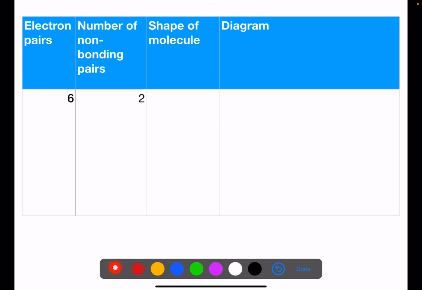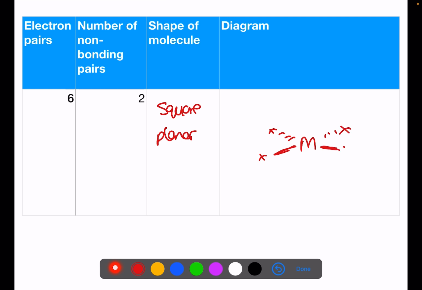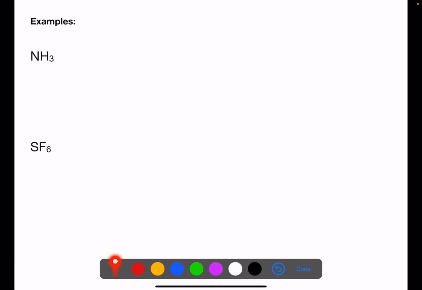And then finally, if you have 6 in total but 2 are non-bonding, then you're going to get square planar. So a similar situation as to the one we just looked at, but we've got 4 around the middle, and then the 2 non-bonding pairs at 180 degrees from each other, so as far apart as they can possibly get. Let's have a look at some examples.